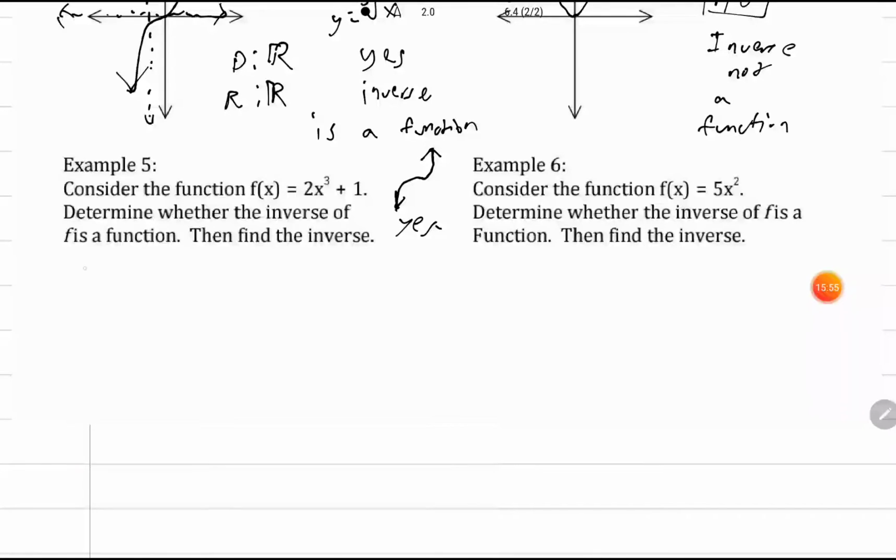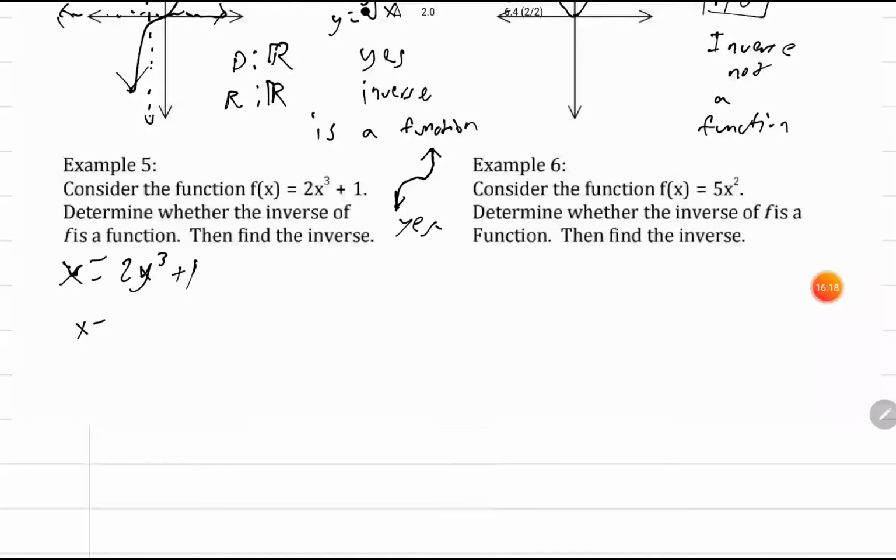And the next part, switch x with y. You don't have to do this if the inverse is not a function. But here the inverse is a function. We switch x with y, so we get x equals 2y cubed plus 1. Solve for y.